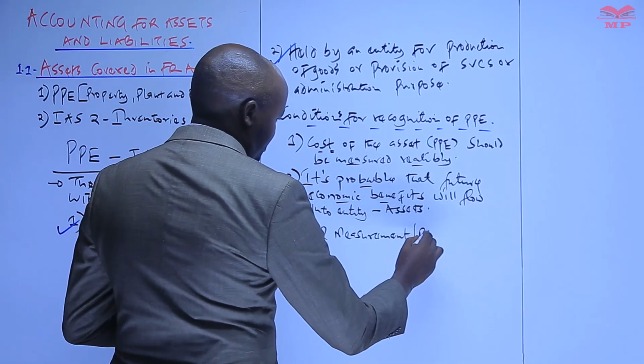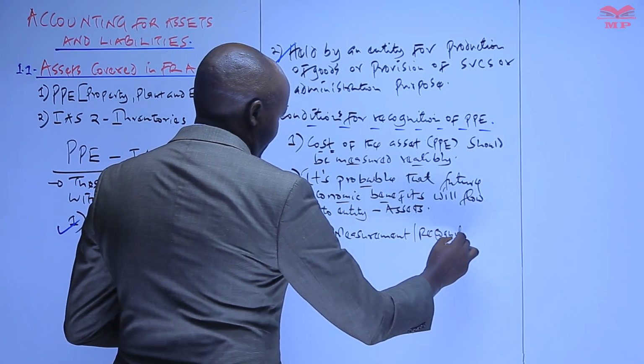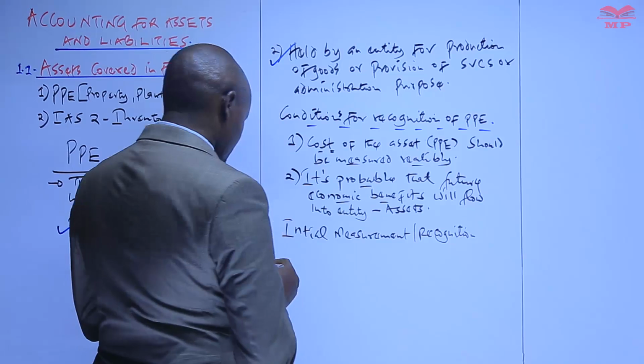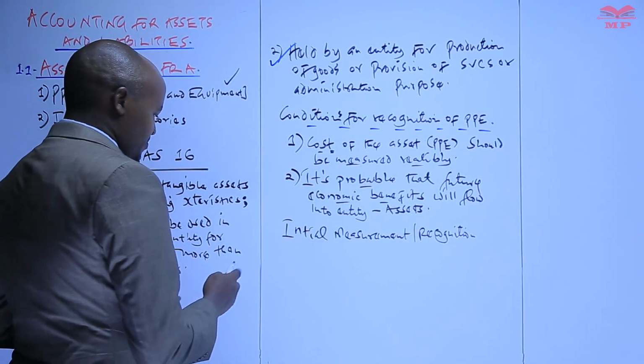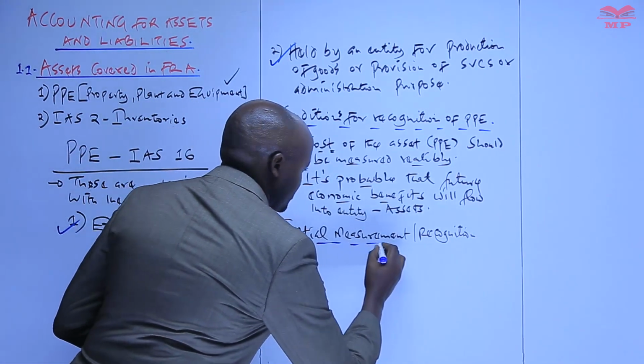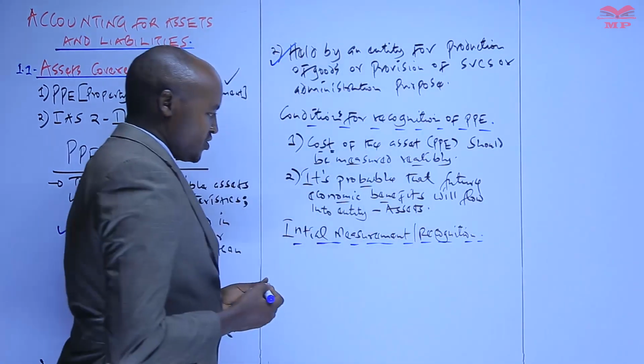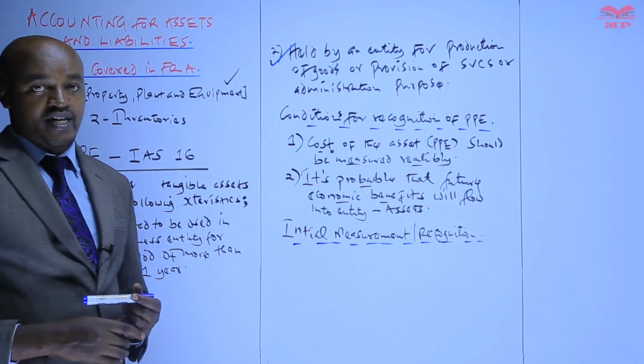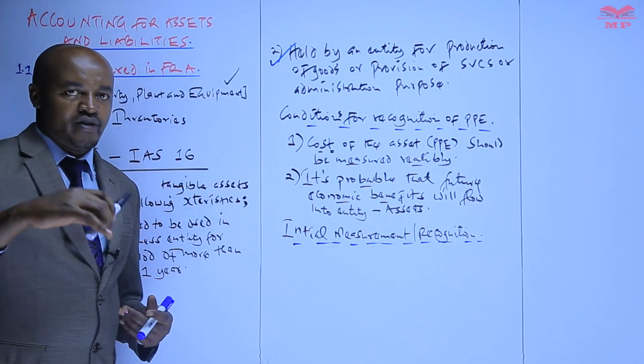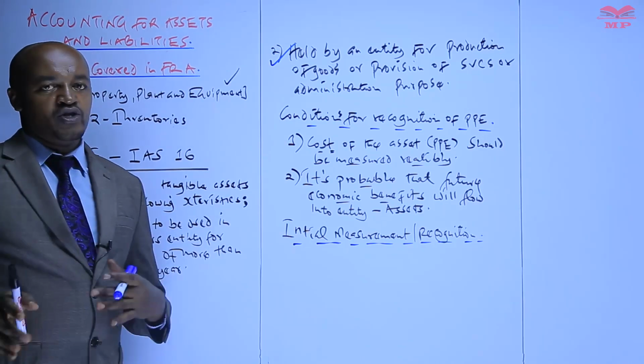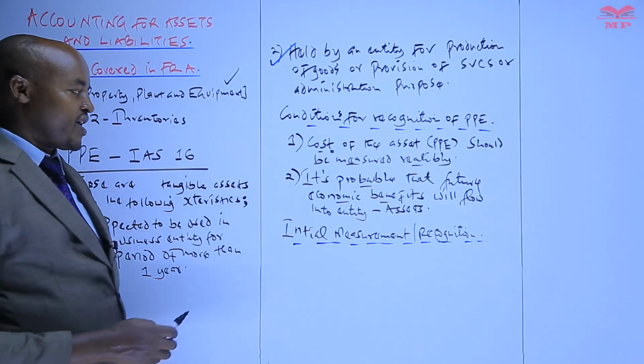We can also refer to this as initial recognition. And basically, when we talk about the initial recognition of an asset, we are talking of the value at which an item of PPE should be recorded in the company's books of account.